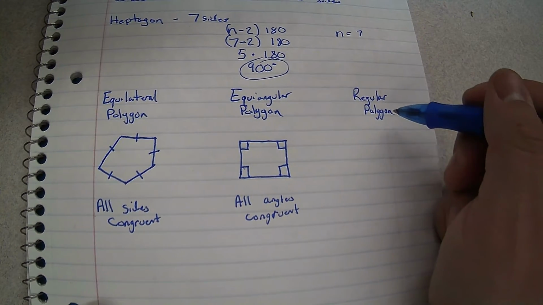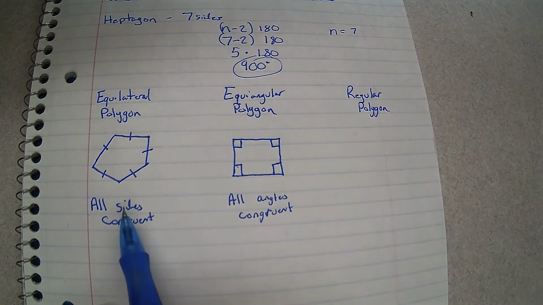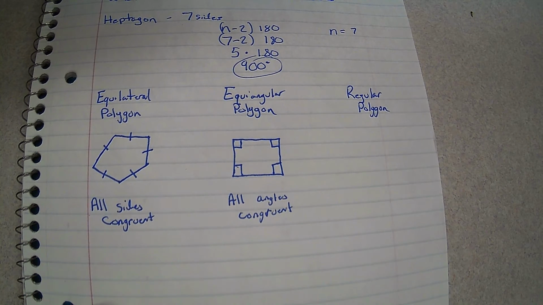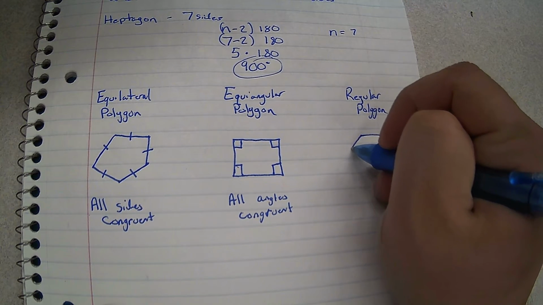Now a regular polygon means all sides and angles are congruent. So maybe I have something like this.